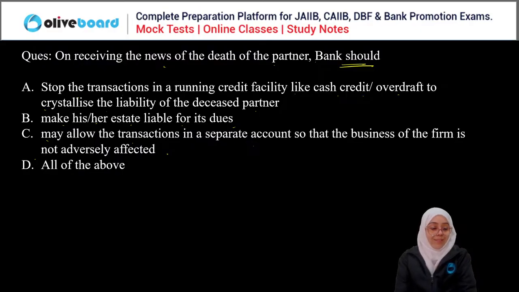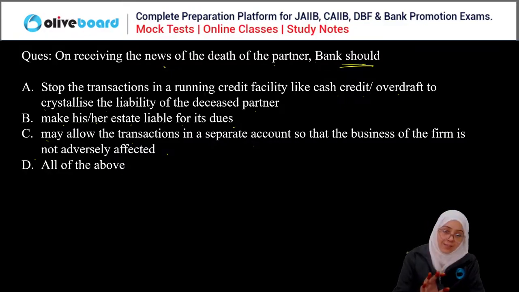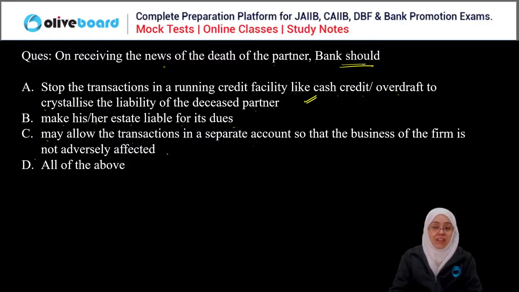So, when the bank received the death news of the partner, first of all, they stop the running credit facility like cash credit or overdraft and make his or her estate liable for the dues.